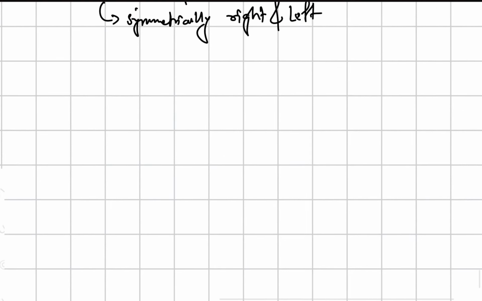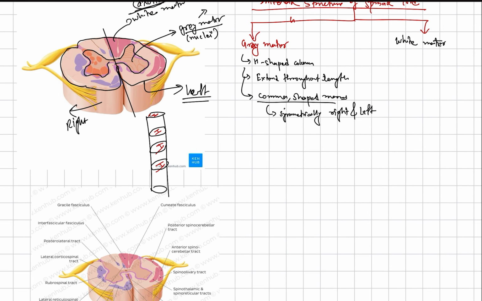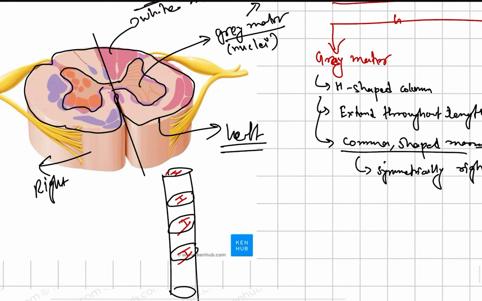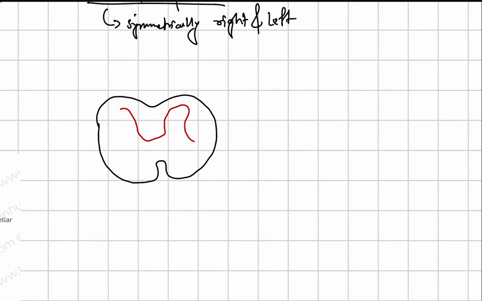Moving on, there is a posterior horn, an anterior horn, and a lateral horn. I am drawing another image. This is the spinal cord, and here is the butterfly shape.